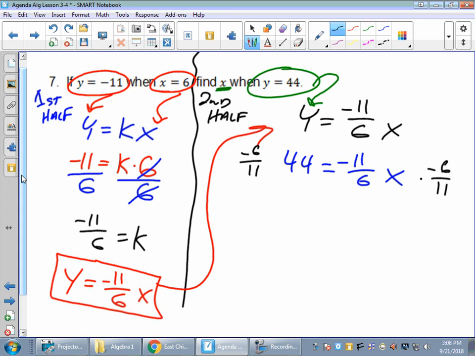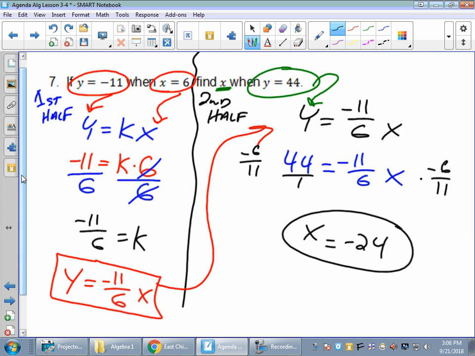And I'll let you guys kind of figure out that math there. But what you should end up getting is x equal to negative 24. With reducing, we know on the right side these 6's are going to cancel, the 11's are going to cancel, and you're going to be left with x. But on the left side here, you could multiply that out, 6 times 44, and then divide it by 11. Or you could cross-cancel with an 11 and a 44, and figure that out. But it does come out nice and neat to negative 24.